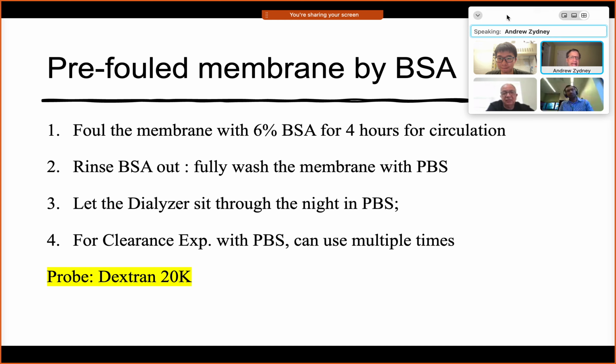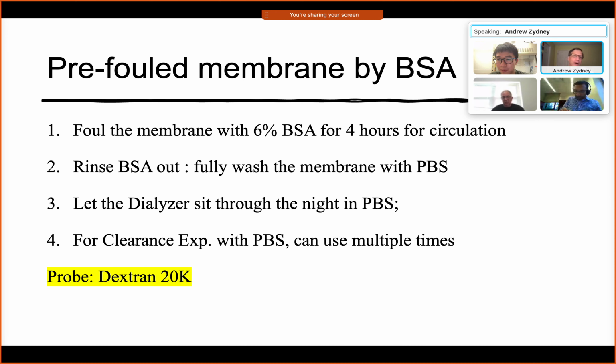Yeah, I think you want to standardize the fouling conditions. You don't want to foul to completely unrealistic levels, but you'd like a significant amount of fouling so that if there is a difference, you'll be able to pick it up in the experiments.